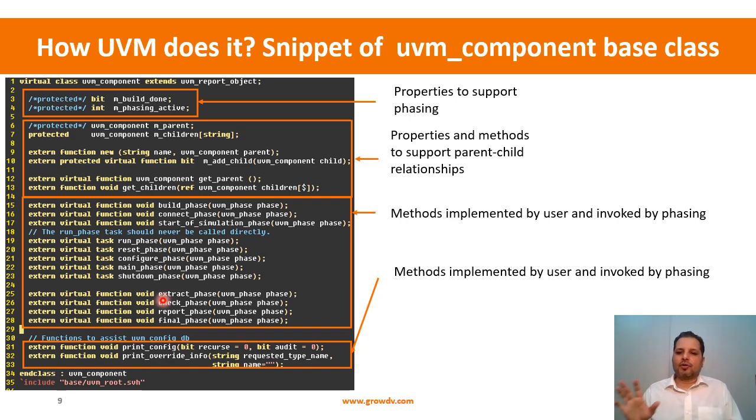So for any component that I've extended from the UVM component, the thread for that particular component which is present in the run phase gets automatically launched in parallel. So the UVM will launch a thread for you. You don't have to explicitly launch a thread. And the ordering, for example build, connect, run, report, all of them, will be done by default from UVM.